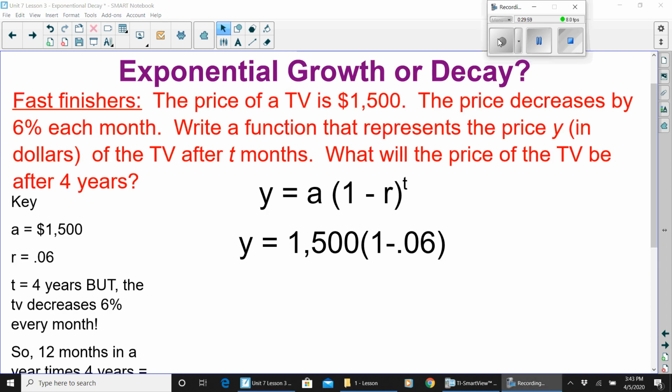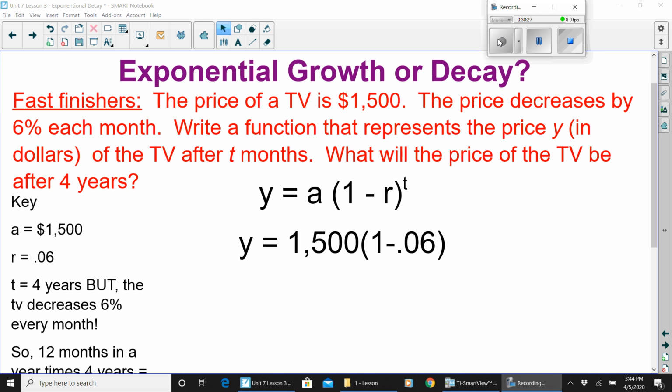Now, I'm not really sure if this question is written the correct way, or it was meant to be this way, but if you read it, it says the price of a TV is 1,500. Price decreases by 6% each month. Write a function that represents the price Y in dollars of the TV after T months.